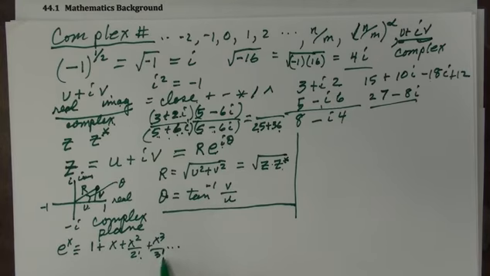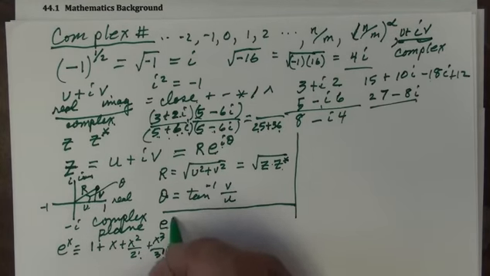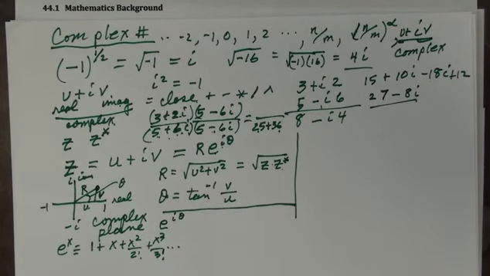The factorial increases more rapidly than any of the powers of any of the numbers. And therefore, this always converges for positive and negative numbers. What we want to look at is an imaginary number, i theta. And we can compute that in the same way.